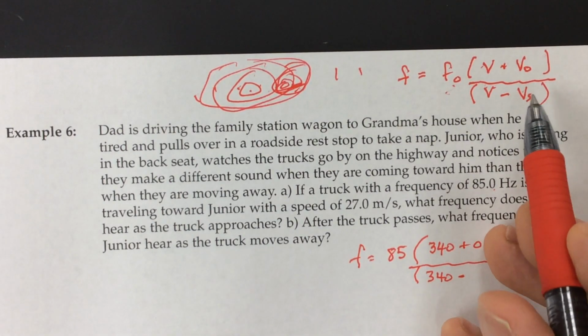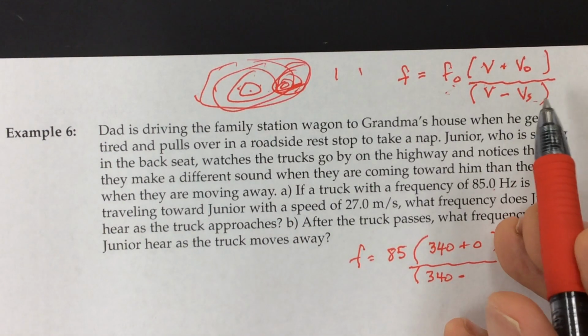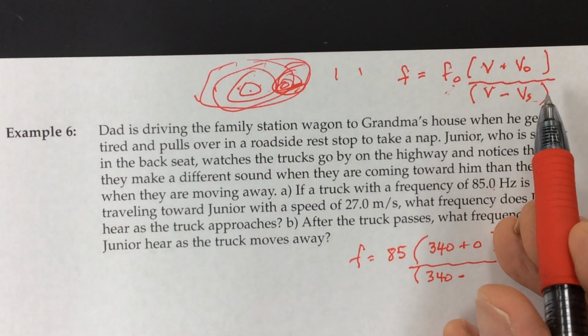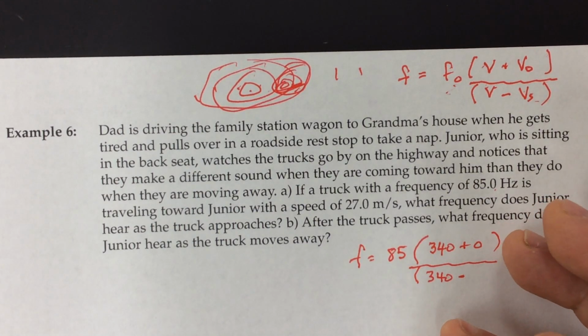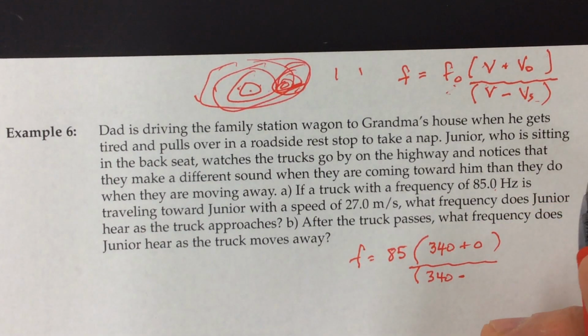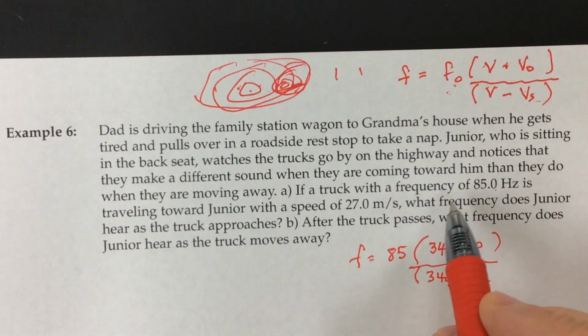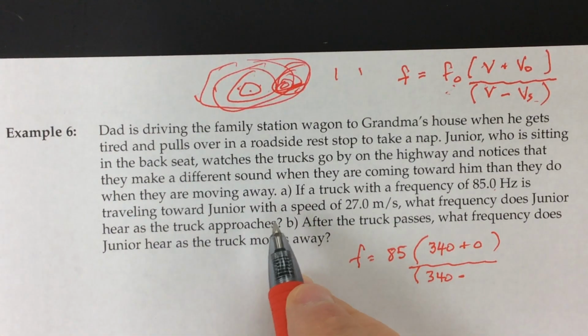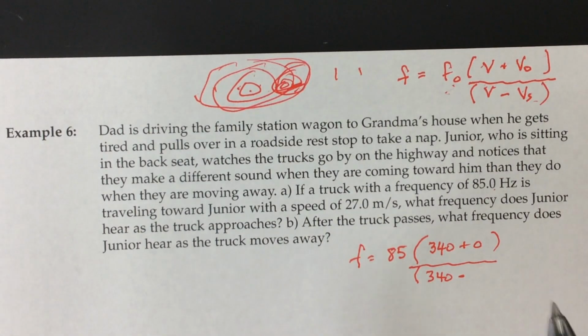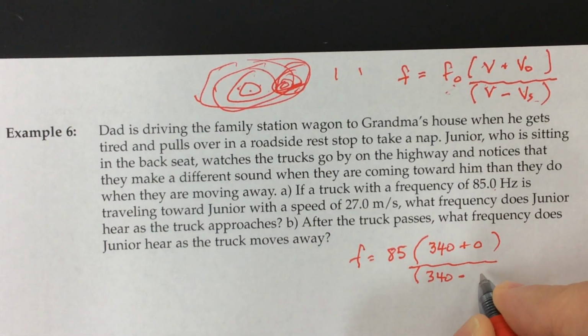But we need to know, is this V sub S going to be positive or negative? So remember that V sub S is positive if it's moving towards the observer, and it's negative if it's moving away. So it says, what frequency does he hear as the truck approaches? If it approaches, that'll be a positive, so it'll be minus a positive, so that's 27 meters per second.